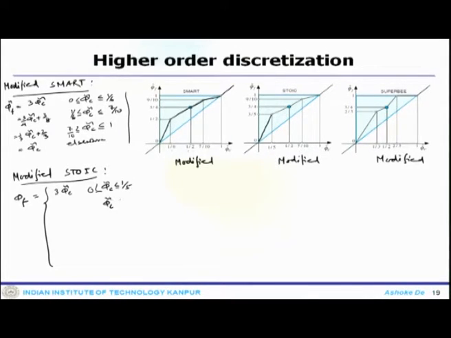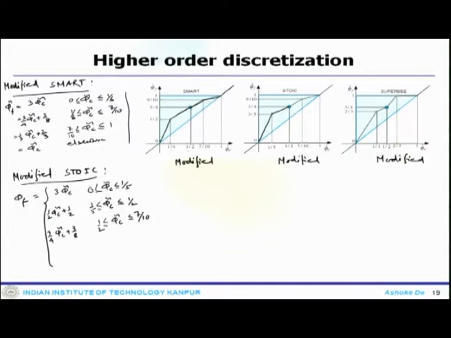Now, when phi c tilde lies between half and 1 by 5, it is half phi c tilde plus half. So, it is 1 by 5 and half, this is another profile, and then it is between 7 by 10 and half, where it is 3 by 4 phi c plus 3 by 8.